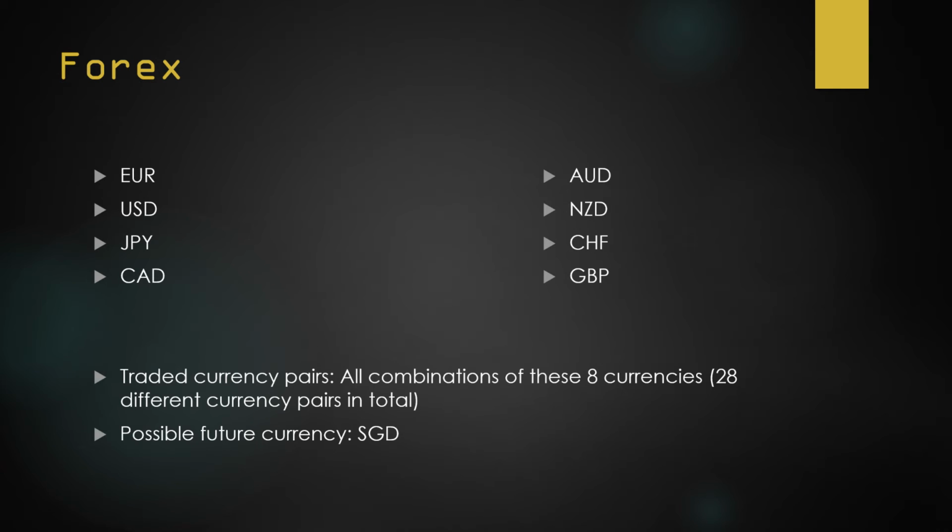For the Forex market, I look at the currency pairs of these 8 currencies. I look at all combinations of these 8 currencies, so there are 28 currency pairs in total that I regard. Of course, these are intercorrelated pairs. So for example, the Euro Canadian dollar and the Euro American dollar are heavily correlated since they have the same currency within that pair.